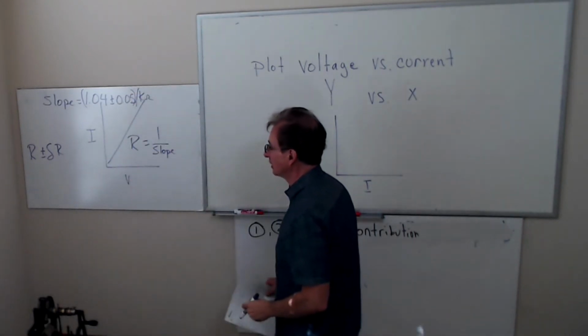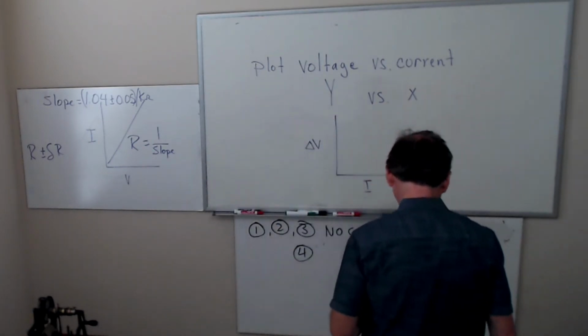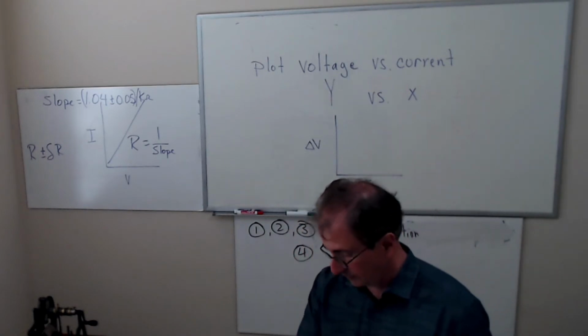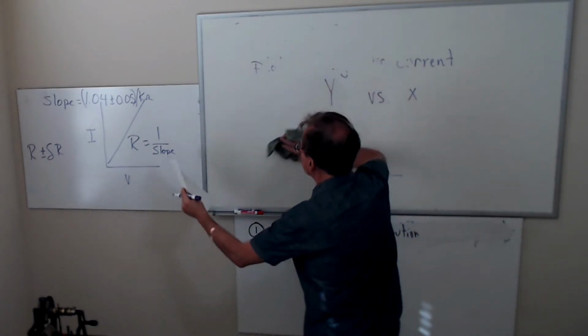How do I get the uncertainty of my resistance? You tell me, how should I get the uncertainty? How do I get delta R from here?